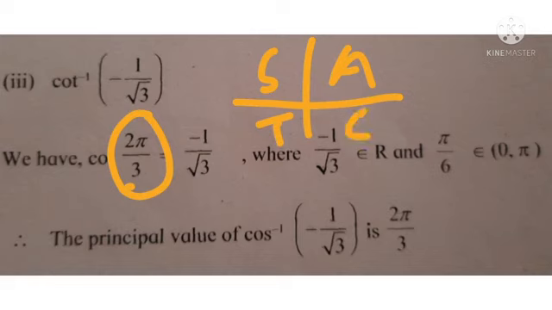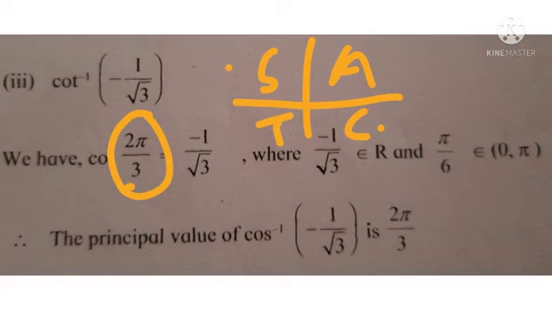Cot is positive in the first quadrant and negative in the second and fourth quadrant. So you write it as 2 pi minus theta. Okay, 2 pi minus theta, which means which value of cot is 1 upon root 3?